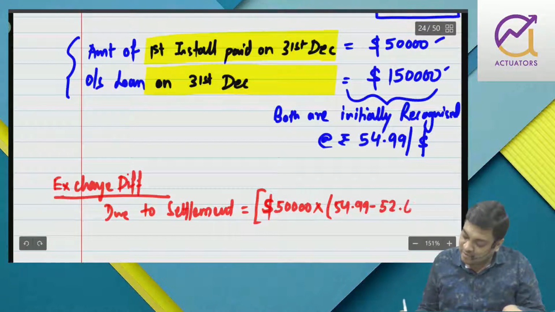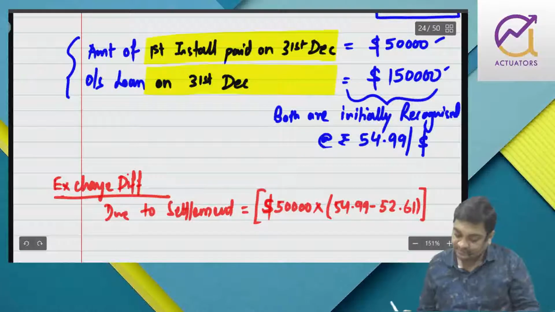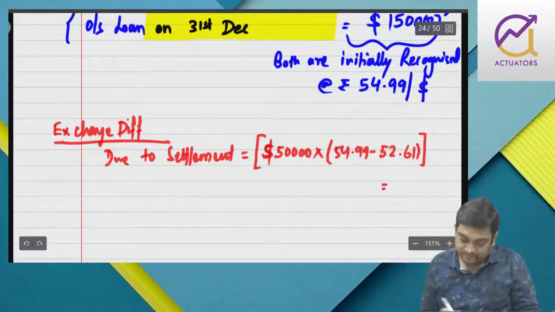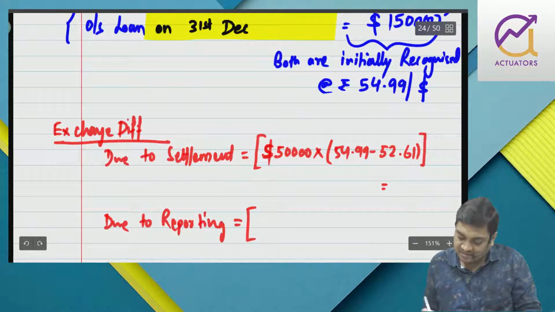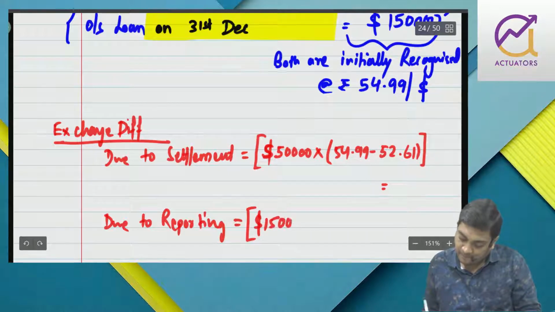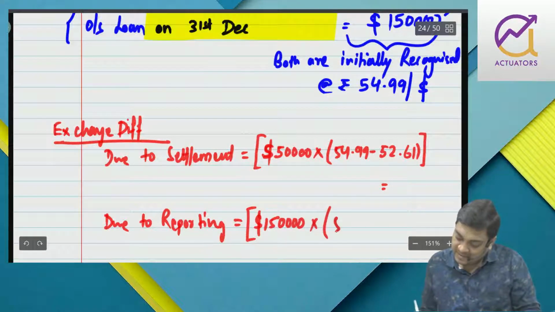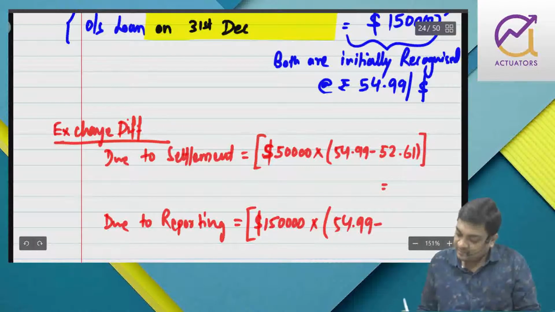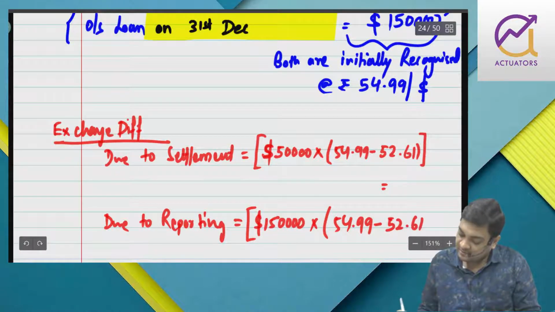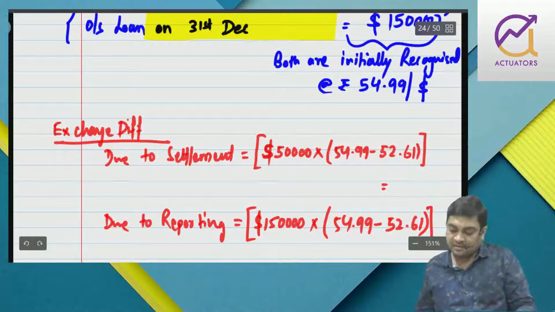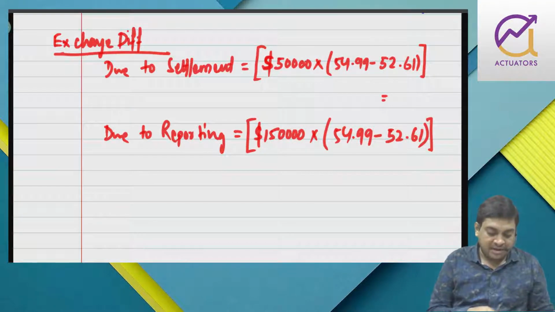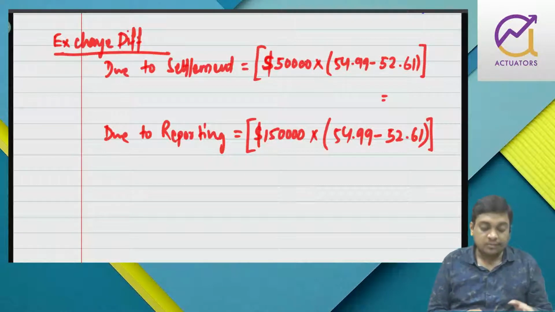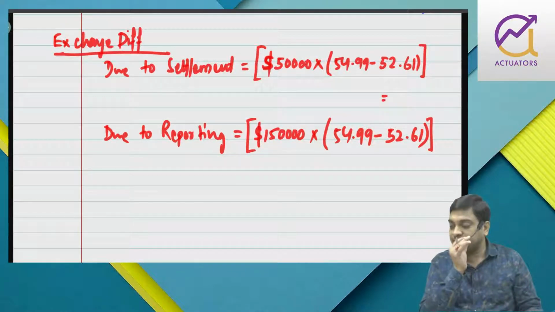The rate has decreased, so you will be paying less. And due to reporting, the one which will be reported on the balance sheet is the same. So 54.99 minus 52.61, 2.38, right?